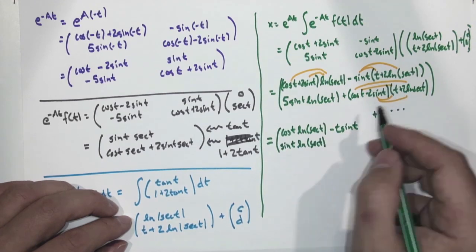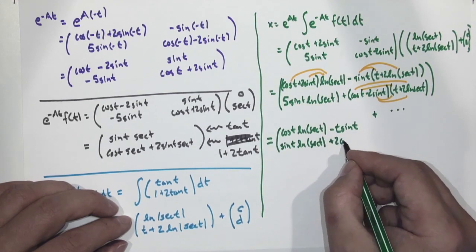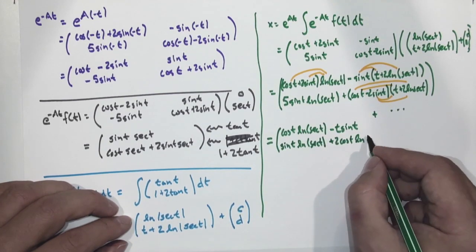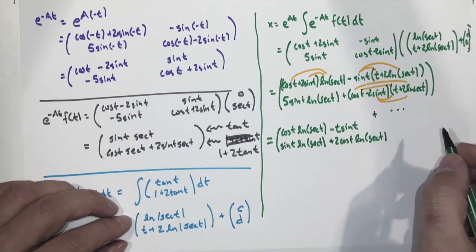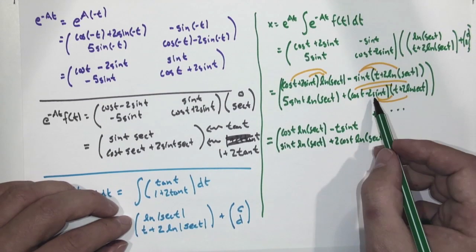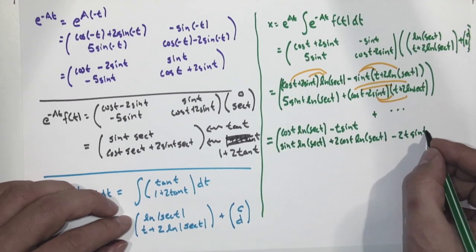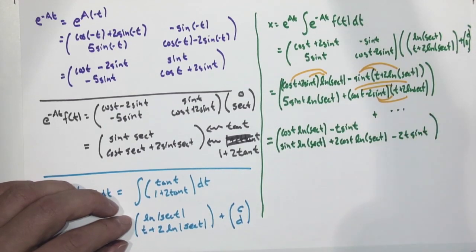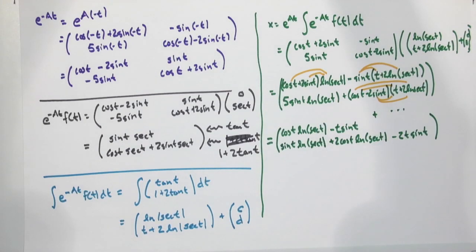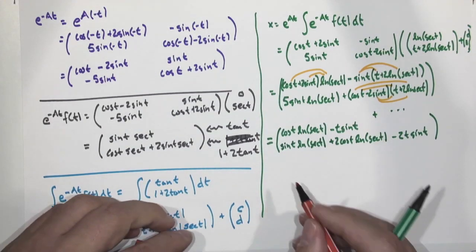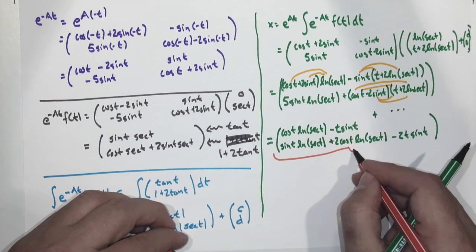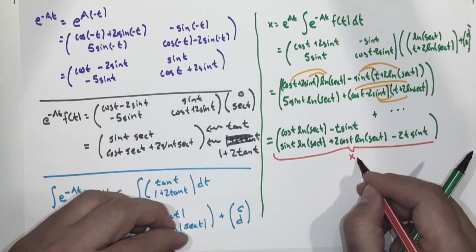Then you can get a plus 2 cosine t log secant t. And then we get a minus 2t sine t. So that part here, that's your particular solution.